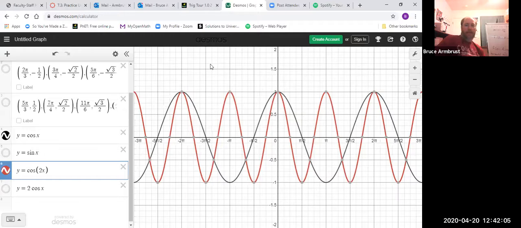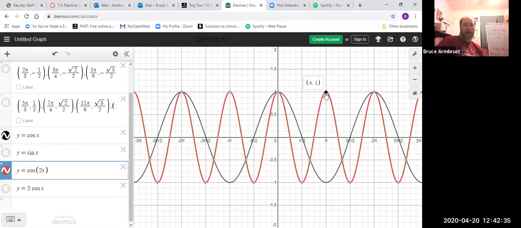Because now those peaks, like think about starting at 0, 1, we're at the same peak as we were before. But if we follow this graph, we get to the next peak faster than we would have on the original graph. The original graph, we get to that first peak after we get all the way over here to 2 pi. On our other function, we actually get there in half the time.